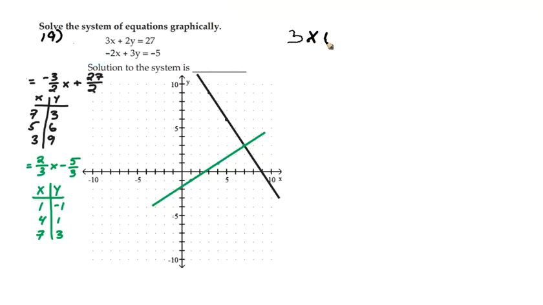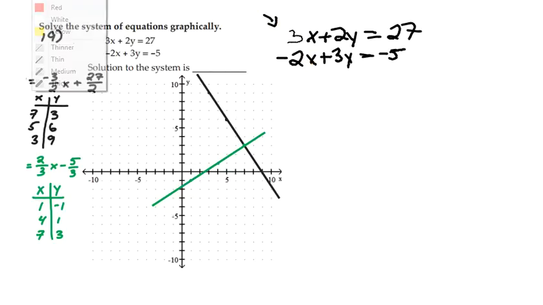So if I have 3x plus 2y equals 27, then I have a minus 2x plus 3y equals a negative 5. I'm going to go ahead and use the elimination method. I'm going to make both of these a 6 on the x. So I'm going to multiply by 2, and by 2.